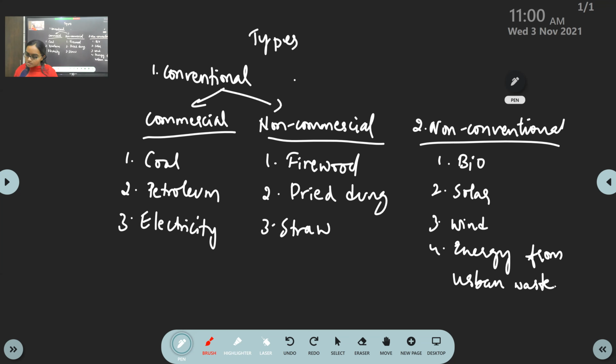Non-conventional, you can write: ocean thermal, geothermal.